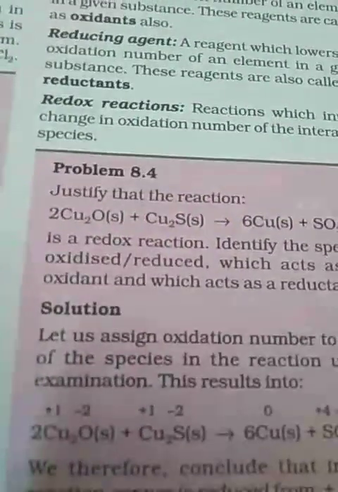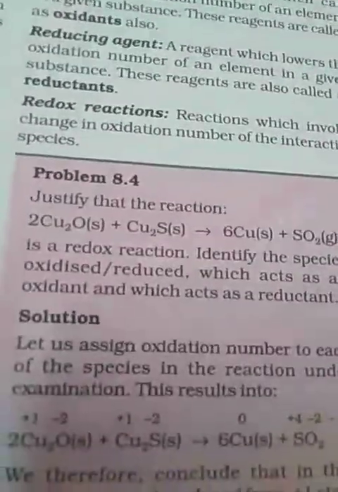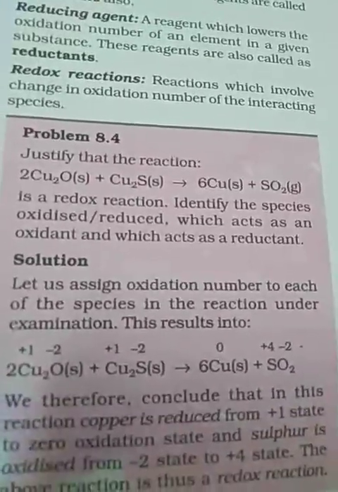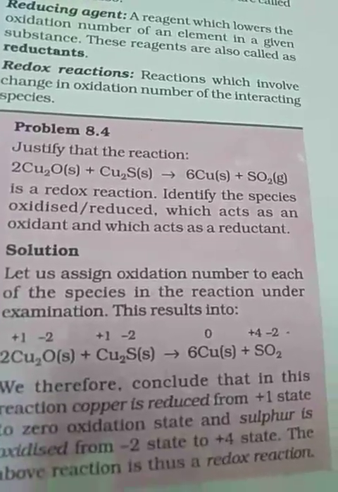Justify that the reaction is a redox reaction. Identify the species oxidized or reduced, which acts as an oxidant and which acts as a reductant. See, I am writing the equation.